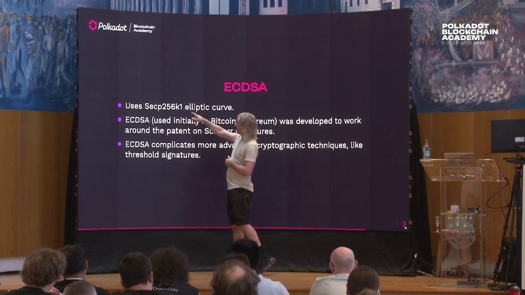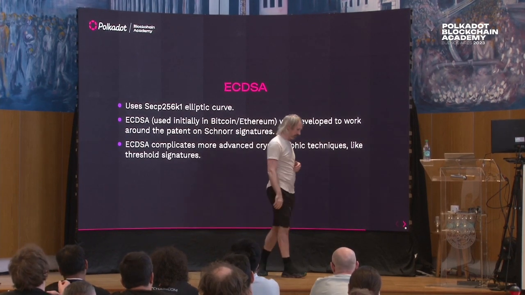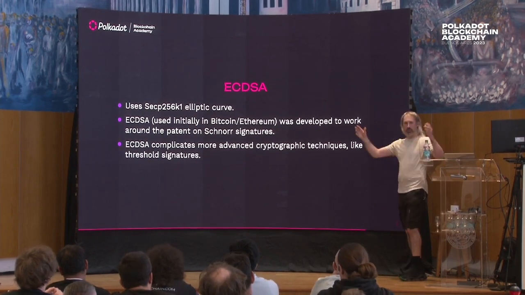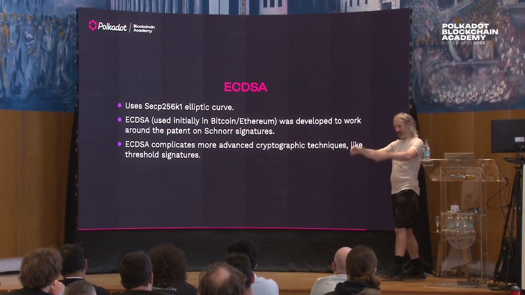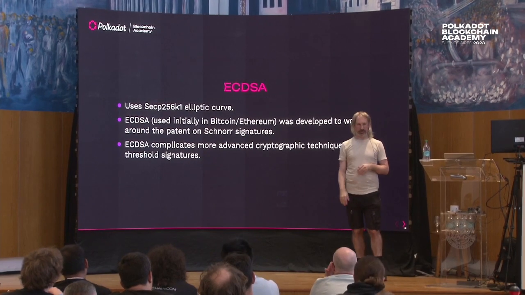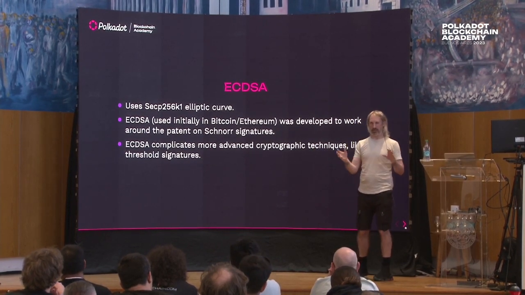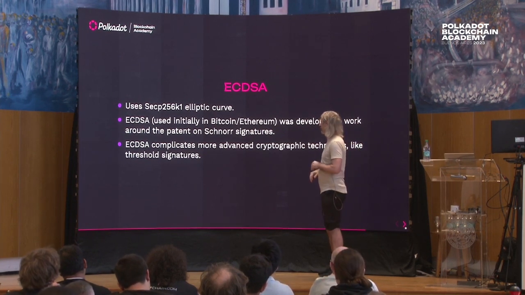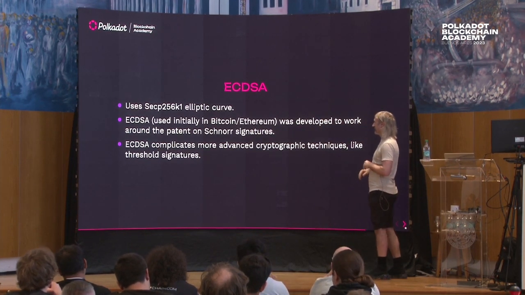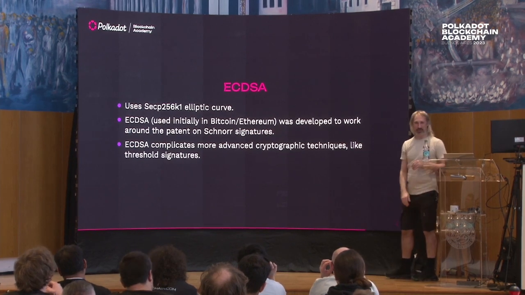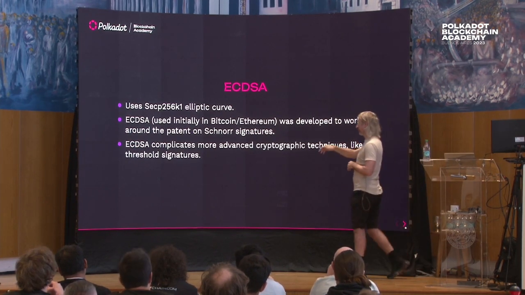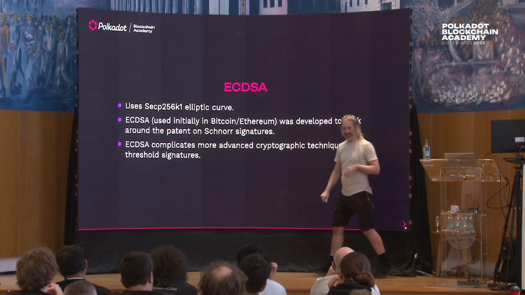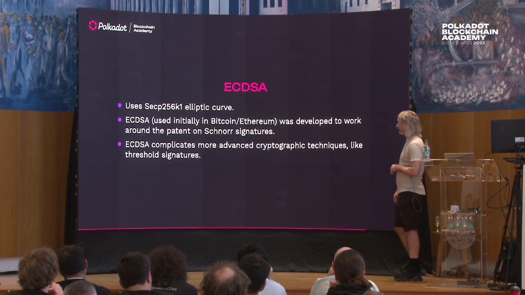Whereas the other curve, the NIST curve, the American government-backed curve, does have a bunch of funny numbers in it. It looks like it's maybe been optimized a little bit for something, but no one's quite sure what. This is the reason why Bitcoin and Ethereum chose not the government curve, but the mathematically elegant curve.